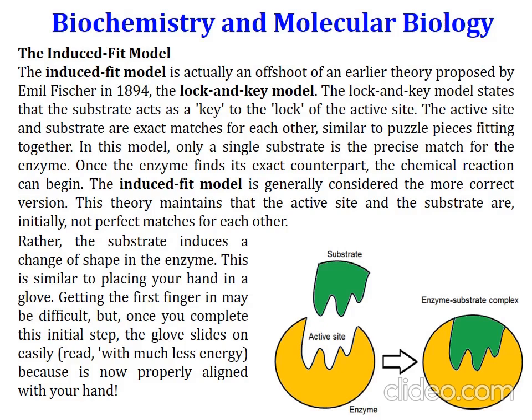According to the key and lock model, the substrate and the active site are almost rigid, but according to this induced fit model, the substrate and the active site are not so tight or definite. Actually, they have a more or less similar shape, and when the substrate comes to the enzyme and fits with the active site, it is converted to a very strong complex and then converted to product.